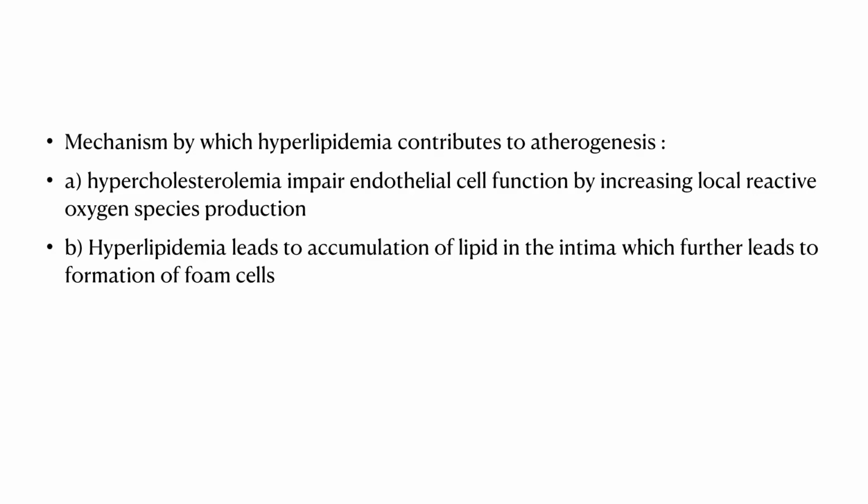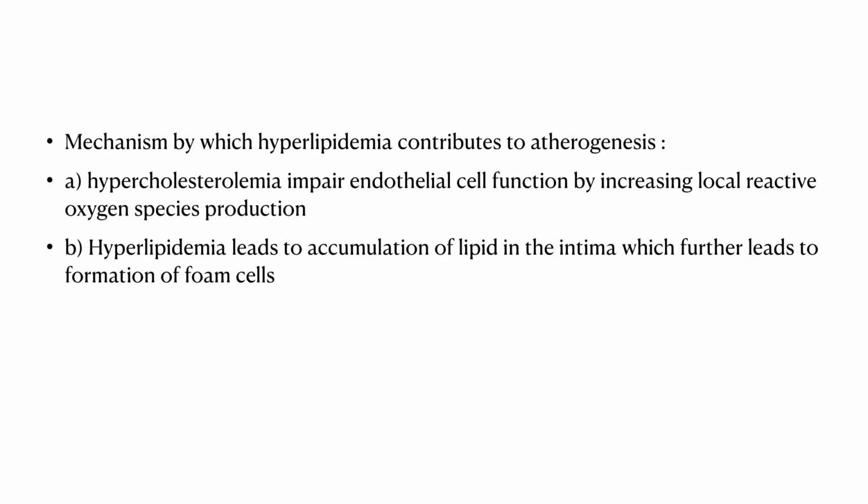The second is that hyperlipidemia leads to accumulation of lipid in the intima, which further leads to formation of foam cells. As there is increased lipid content in the blood, mainly LDL, it gets deposited in the intima, where it is converted into modified LDL due to the presence of oxygen species.